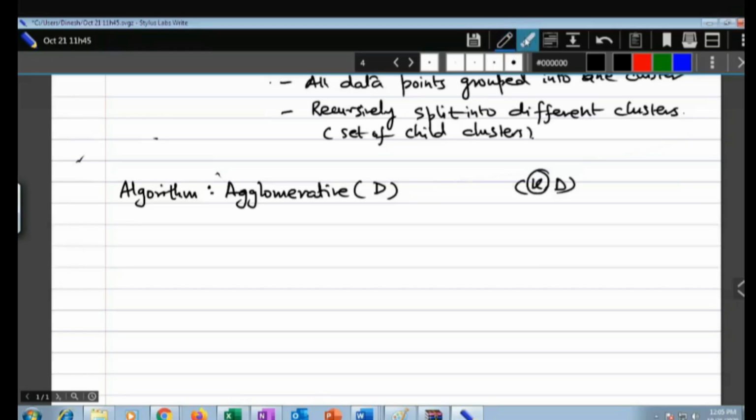But here we do not supply the number of clusters, because we will have all types of clusters. Let us see one by one.